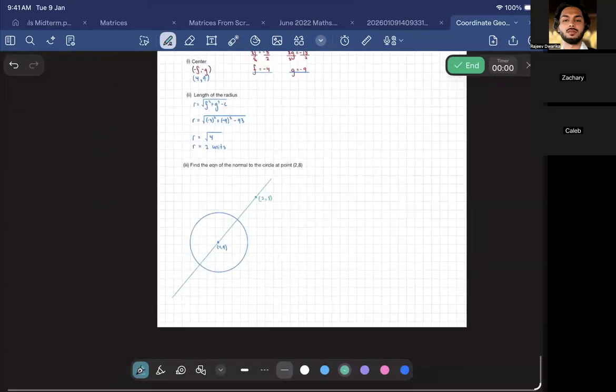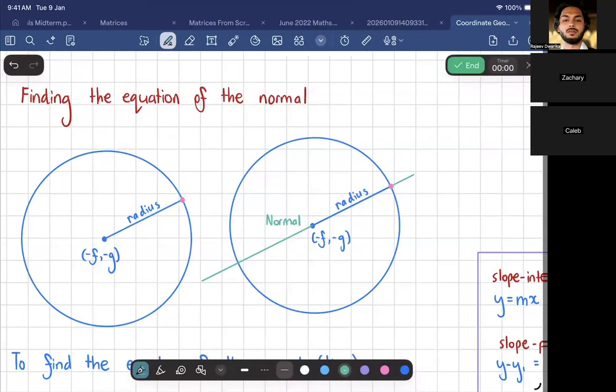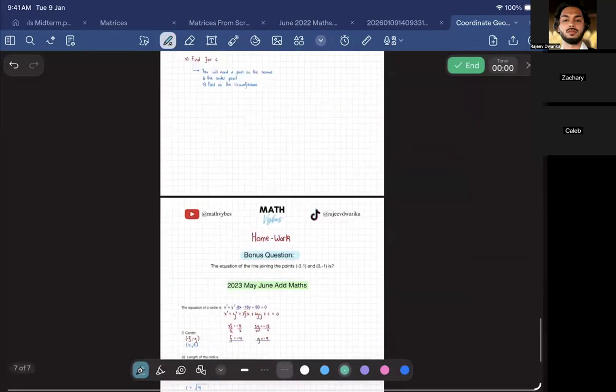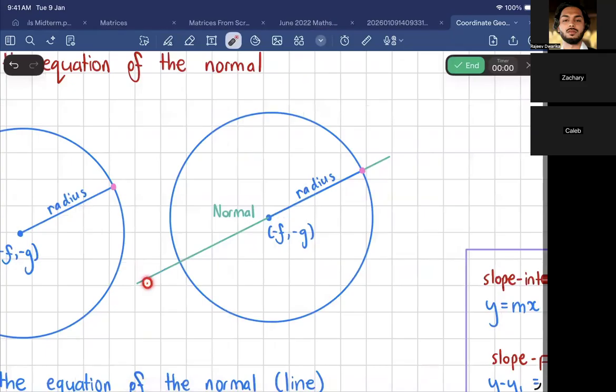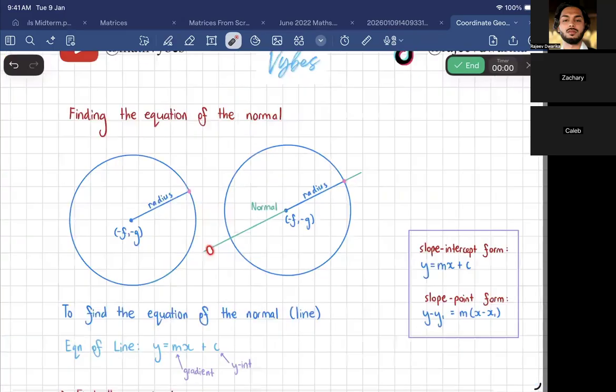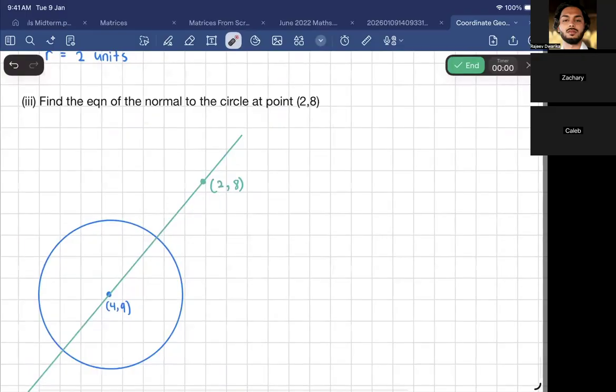All right, so Caleb, you understand that the normal is just a line that is in the radius, and they just keep extending the radius. Yes, sir. Okay. So do you understand that you can have a point on the normal, but it doesn't necessarily have to be on the circle itself or in the circle? It could be anywhere. Yes, sir. Okay, good. Just had to clear that out.